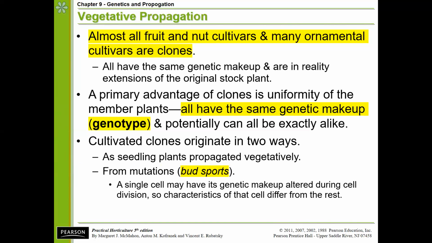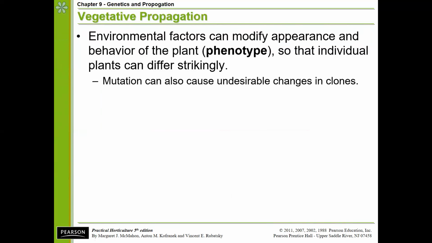If you can propagate that particular area of the plant, that sport, then you can create a new cultivated variety. As I mentioned, the phenotype, the environment, can cause the genetics to appear differently, even though they are basically genetically the same.